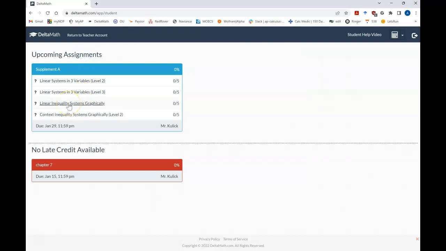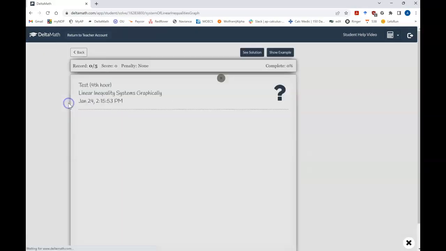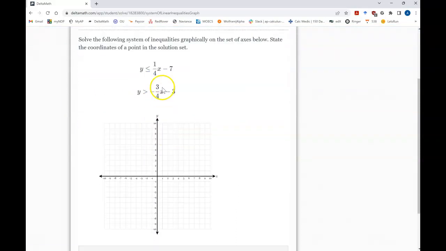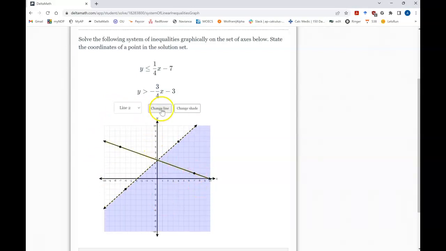One where we're going to solve linear systems graphically. So you would plot your line. You can change it solid or dashed and decide which way you want to shade it. And then you make your other one or whatever.